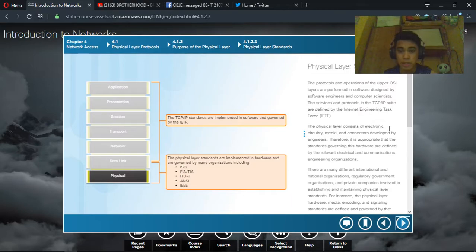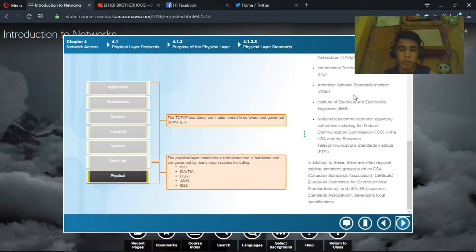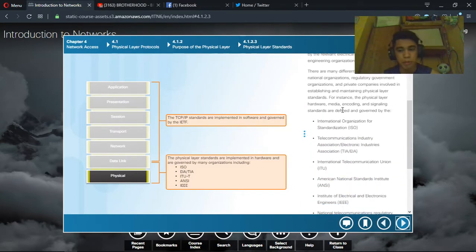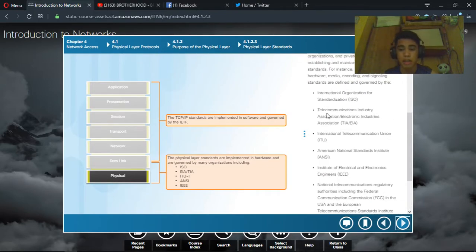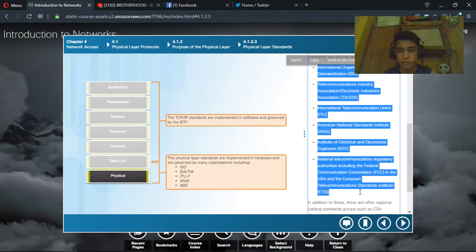The physical layer consists of electronic circuitry, media, and connectors developed by engineers. So here, the physical layer standards were built by different organizations. You can pause the video to read these things.